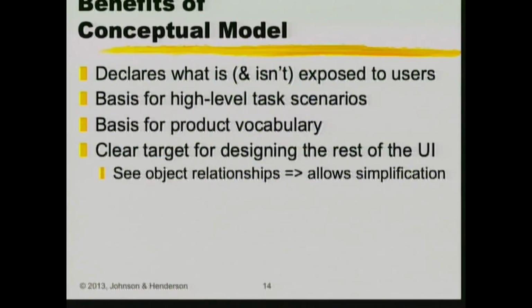And furthermore, the user interface designer can see object relationships that they wouldn't have been able to see otherwise, which allows simplification. Oh, wow, a checking account is actually similar to a savings account in many respects. Gee, maybe when someone creates a checking account, the operation for creating a savings account should be essentially the same, right?